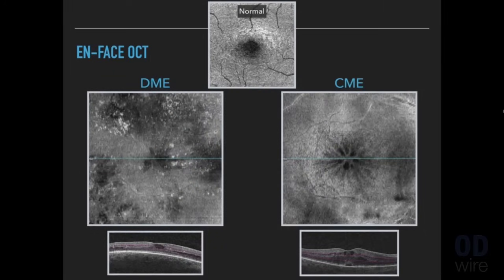If you take a look here at this very quick example of the cases we've seen, at the top you've got a normal patient. This is what a normal en face OCT looks like within this slab region. And then on the left, you can see a patient with diabetic macular edema, en face OCT. On the right, cystoid macular edema.